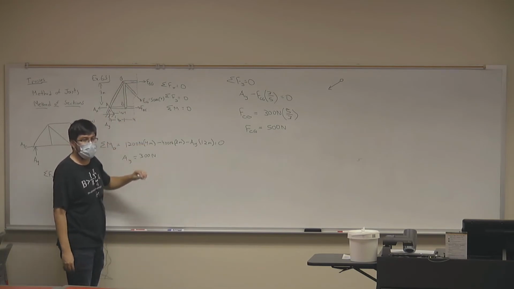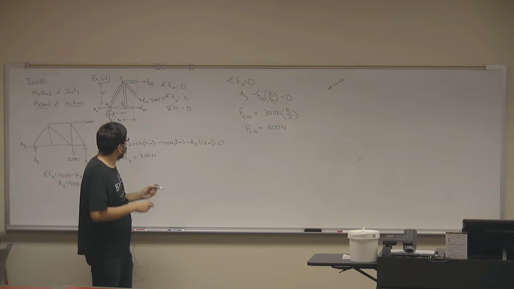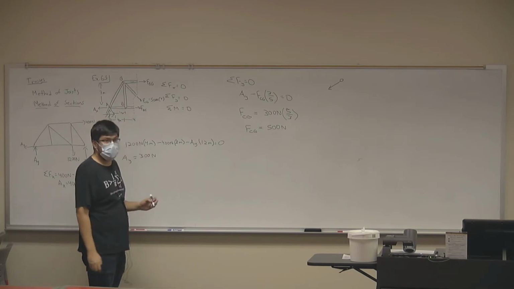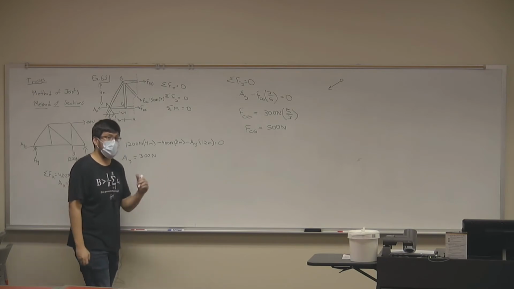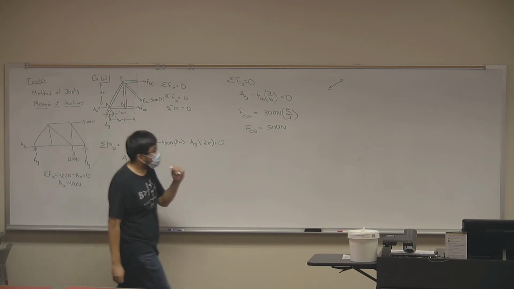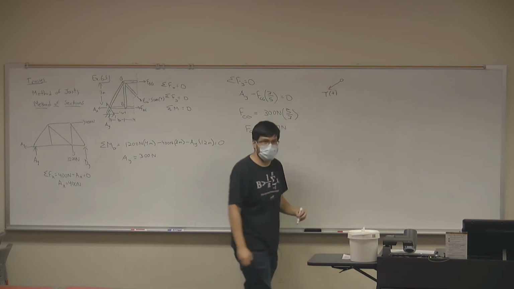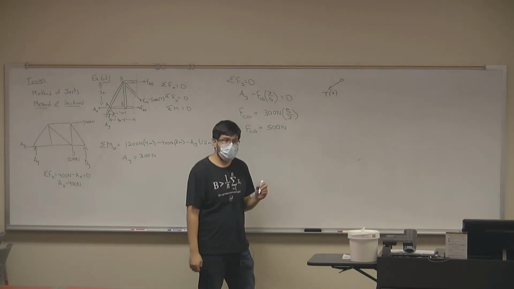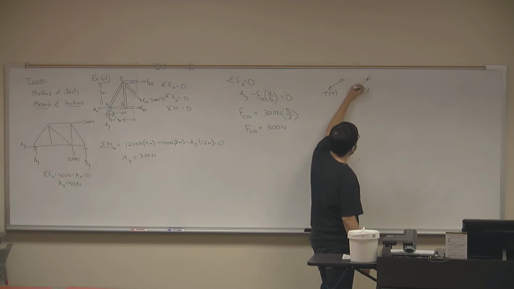So when we're making those sections and we're assuming that it's tension, if we had gotten a negative answer, it would still be tension, and we would just know we assumed the direction wrong, right? Well, if we assume the direction wrong, then it's not tension, it's compression. So if we got a negative answer, that would be compression. Exactly. So the convention is that we set positive values as tension, and negative values as compression.